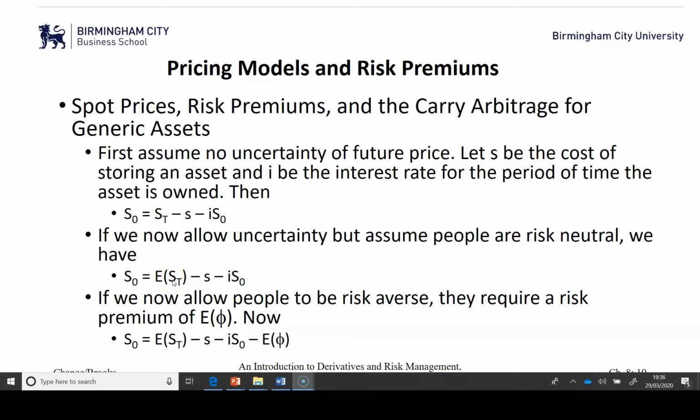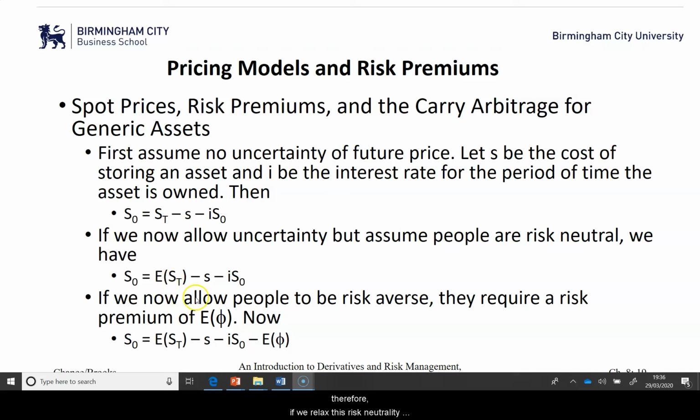Now, we can further refine this by allowing that the investors are not risk neutral but risk averse, and if they are risk averse, they will require a risk premium for taking this risk of unexpected spot prices at expiration.